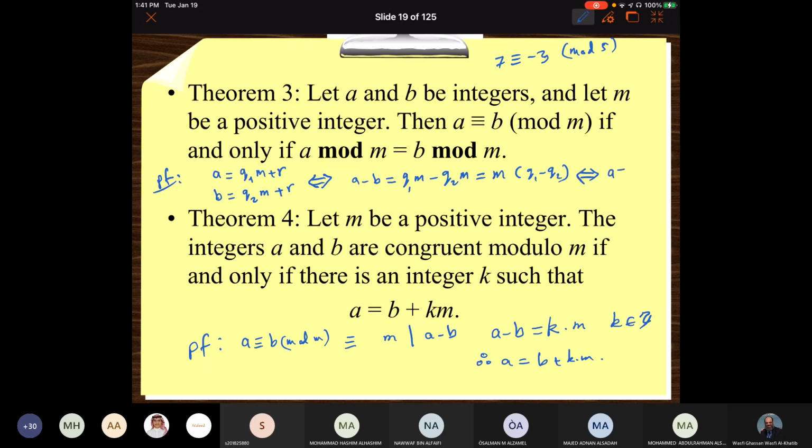So basically, this is the same as saying that a is congruent to b mod m. So going from this side to the other side is actually much easier than the other way around.